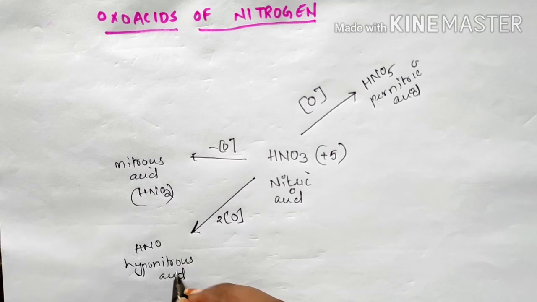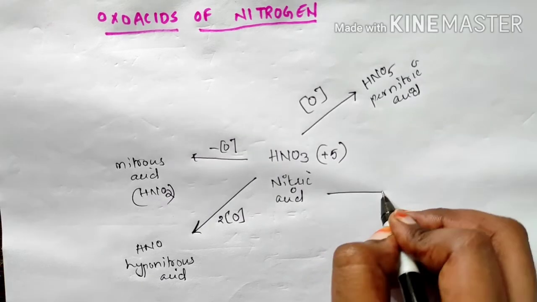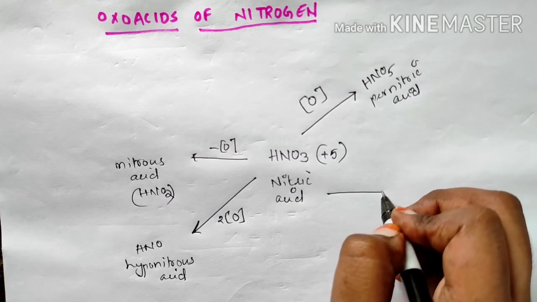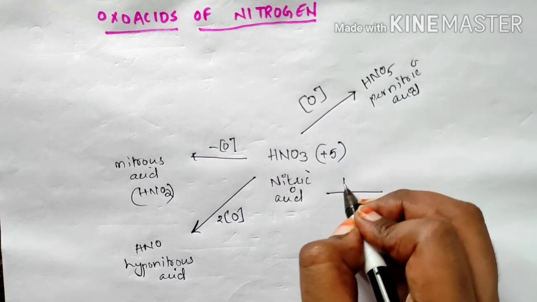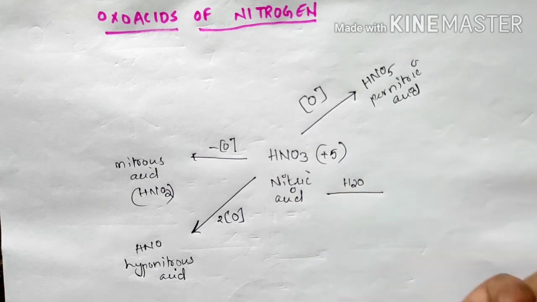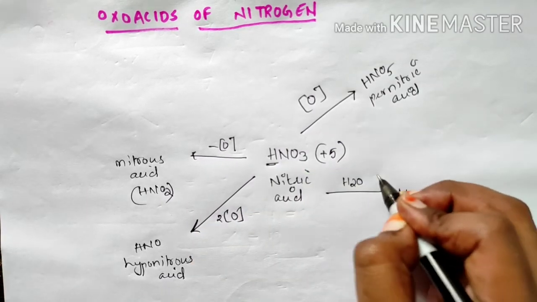Hyponitrous acid. Here, see, for example, if you remove a water molecule from phosphoric acid, we used to get metaphosphoric acid. But here there is no molecule of water to remove; there is only one molecule of H2O. So there is no metaphosphoric acid.